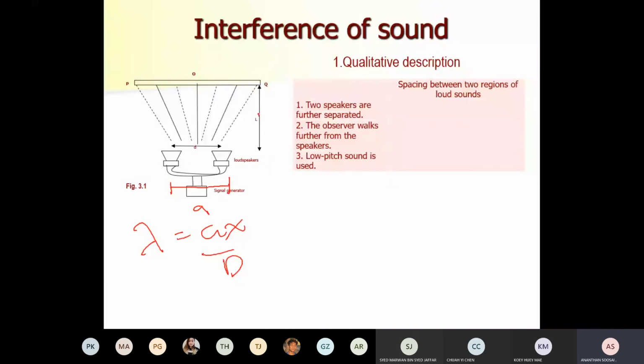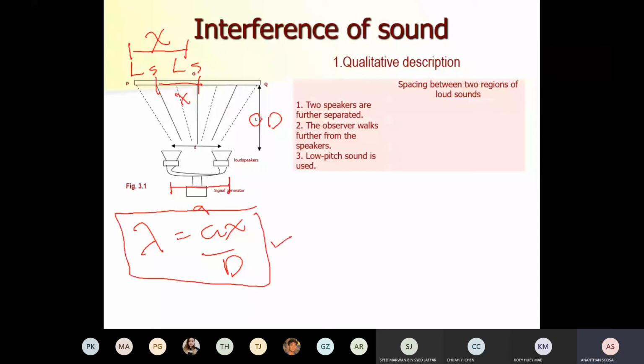D is the distance to the observer; if you put L it's actually the same, but according to the formula we standardize it as D. You won't see bright and dark here. What you're going to see is loud and soft sounds. The loud to loud sound is X, or soft to soft sound is X. So this formula still works for sound.